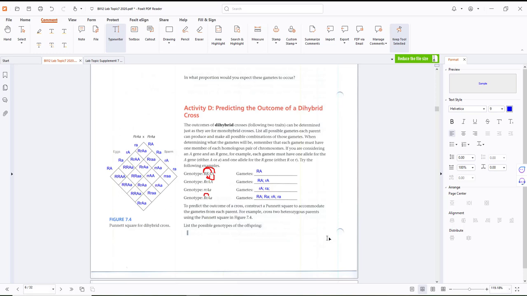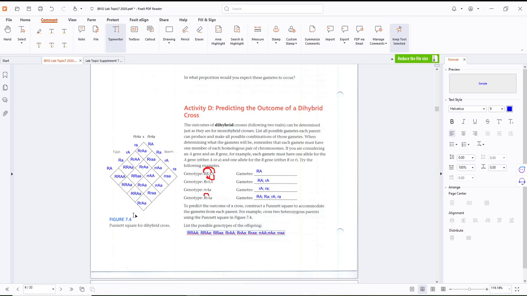So you should be able to see that there's a big R, big A, there's a big R, big A, little a, there's a big R, little a, there's a big R, little r, big A, there's a big R, little r, big A, little a, and big R, little a, and a little r, big A, and a little r, big A, little a, and finally a completely homozygous recessive.